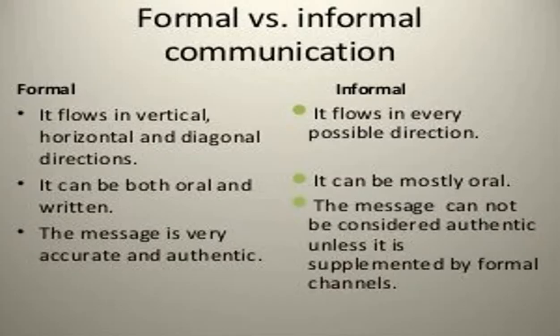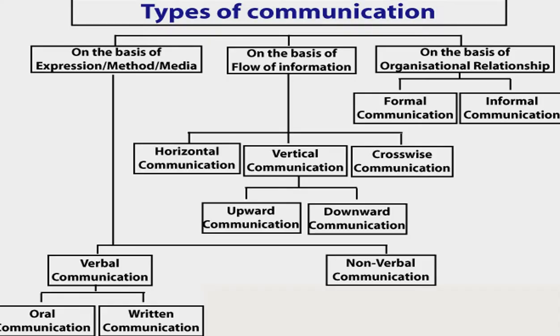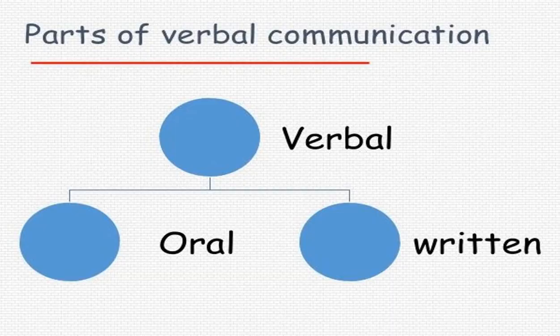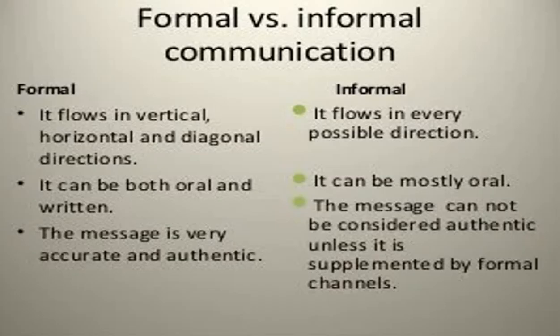Now we are coming to the third, which is the flow of information on the basis of the organizational relationship. In the organization we have different relationships. Seniors are there, subordinates are there, and there are two different types of communication called formal communication and informal communication. Formal communication is when we are talking to someone on the basis of, for example, my hierarchical structure in the organization.